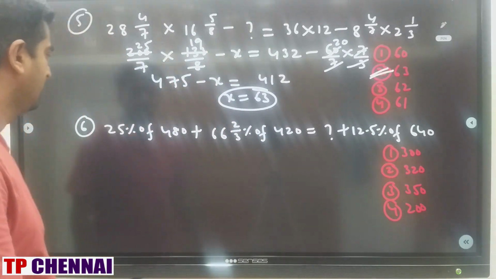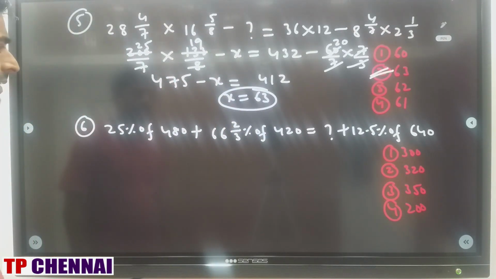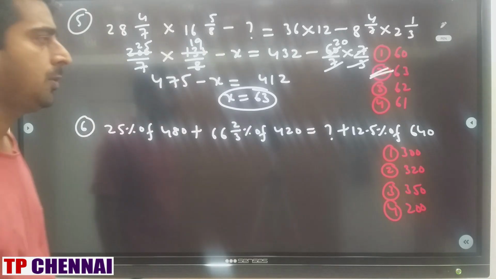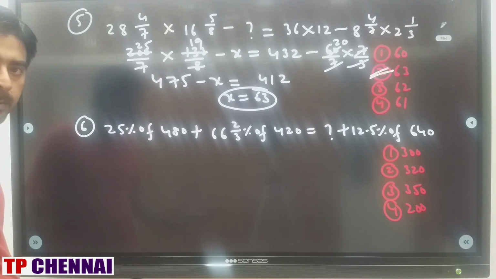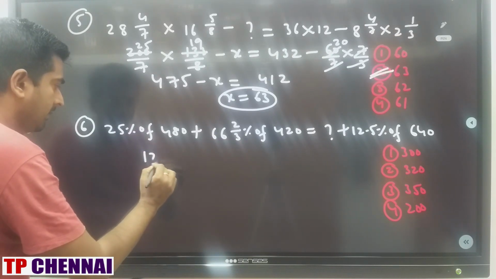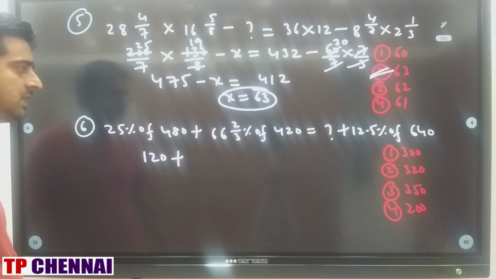Next one. 25% of 480 plus 66 2 by 3% of 420 is equal to question mark plus 12.5% of 640. 25% of 480 is 1 by 4 of 480. How much? 120. 66 2 by 3%.